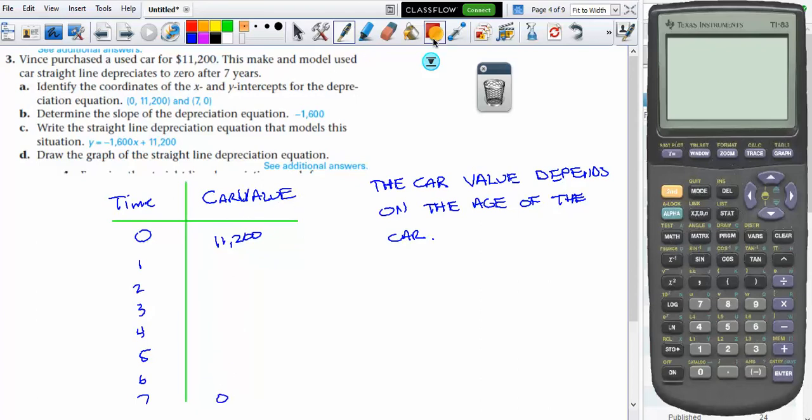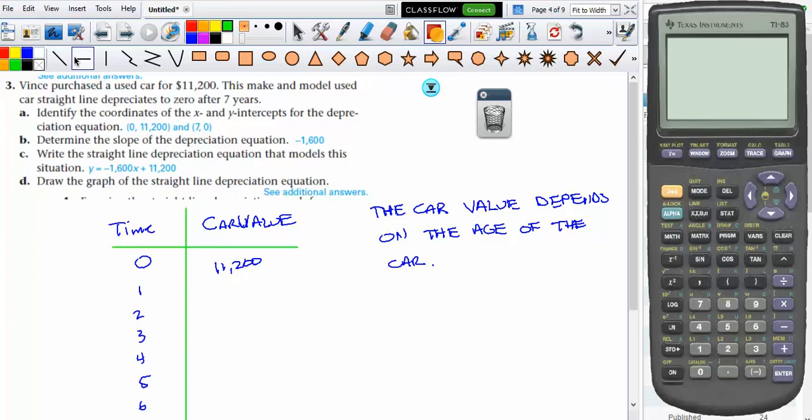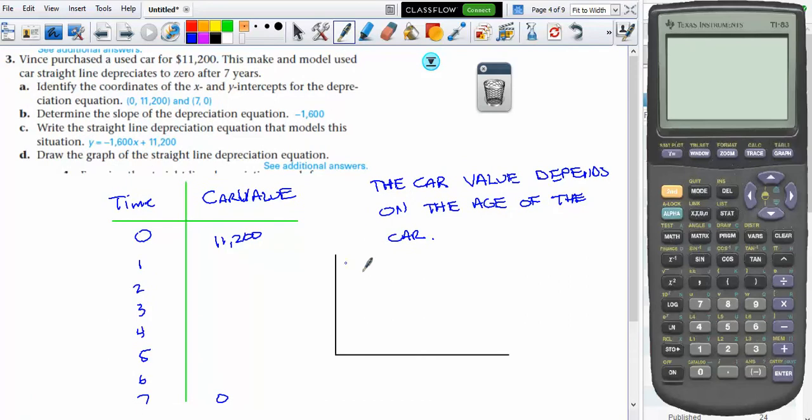So think of a graph here, where this is the age in years, and this is the car value in dollars.